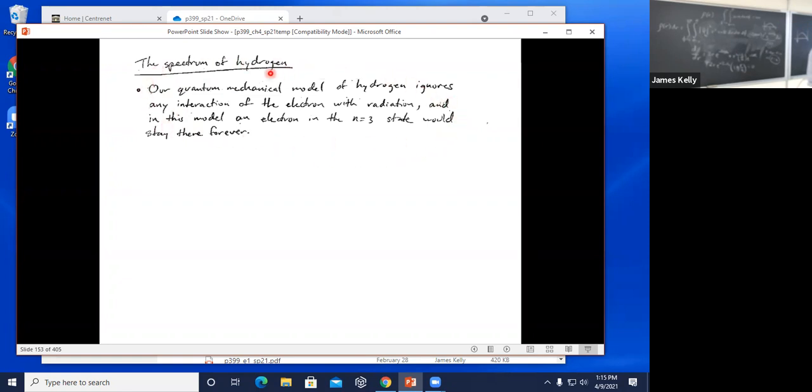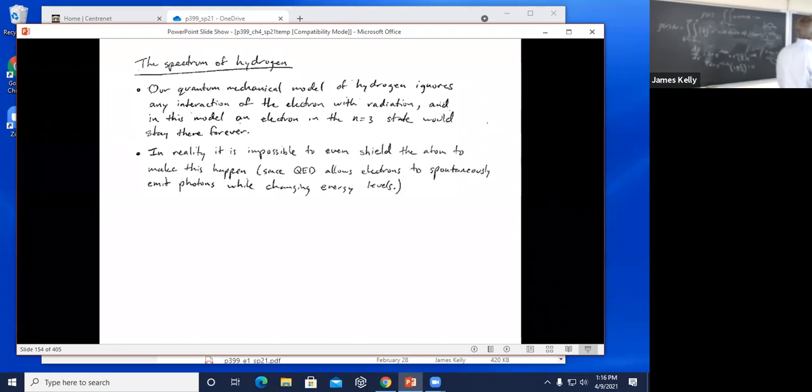Now, you're not going to see this in our non-relativistic quantum mechanical model of hydrogen. There's nothing like that spectrum appearing here, because first of all, if an electron starts out truly in an n=3 state, it's there forevermore. That's a stationary state, so it's never going to jump down to the ground state. There's just no mechanism for that in our model.